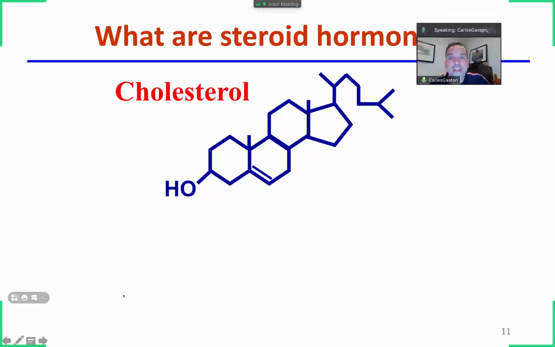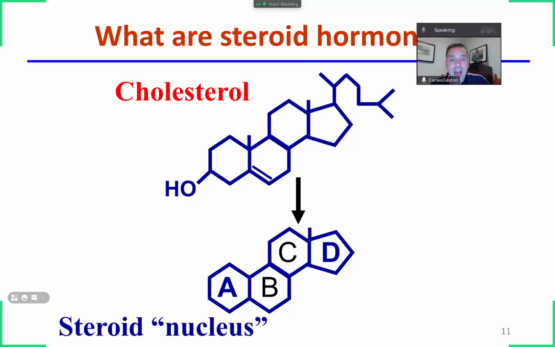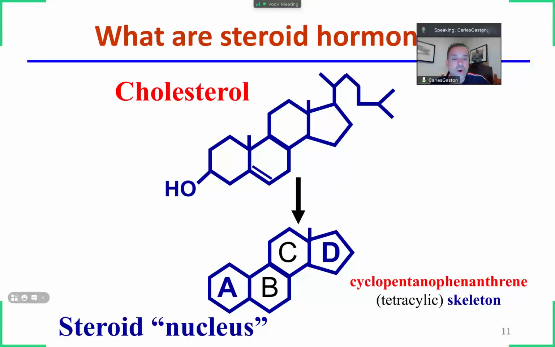And this is the cholesterol structure that has this defined molecular structure, which we can see here in A, B, C, D. You're going to see that the different enzymes modify this structure, right, and add carboxyl groups or modifying groups.